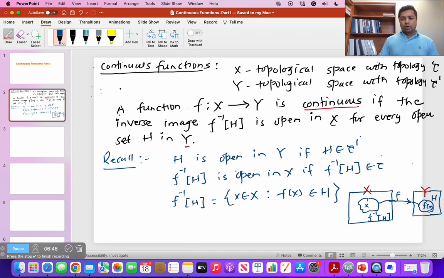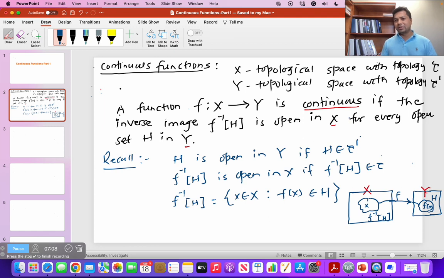So from the definition of open set and continuous function, we can say that a function is continuous if the inverse image of each element in the topology tau prime has to be one of the elements in the topology tau.